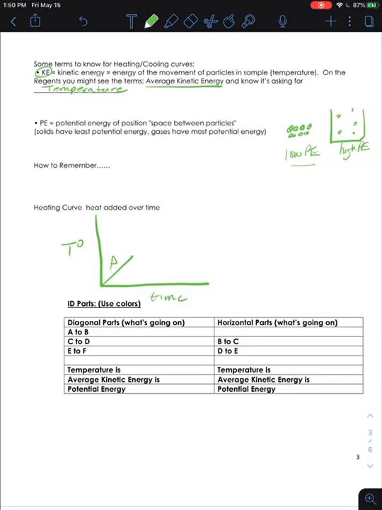So as time goes by, temperature is added. Eventually it reaches this plateau. This plateau is the phase change. Okay, so we'll call this melting, because right now what we're doing is we're doing a heating curve. So we melt it a little while, then it becomes a liquid.